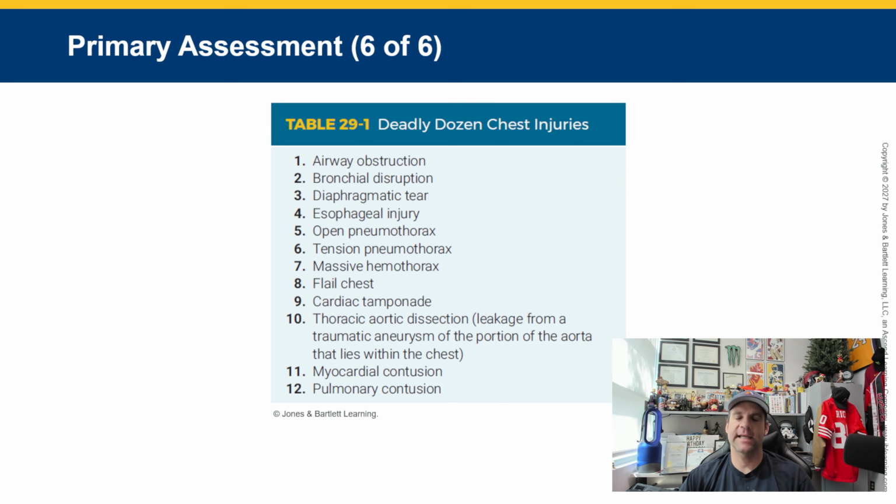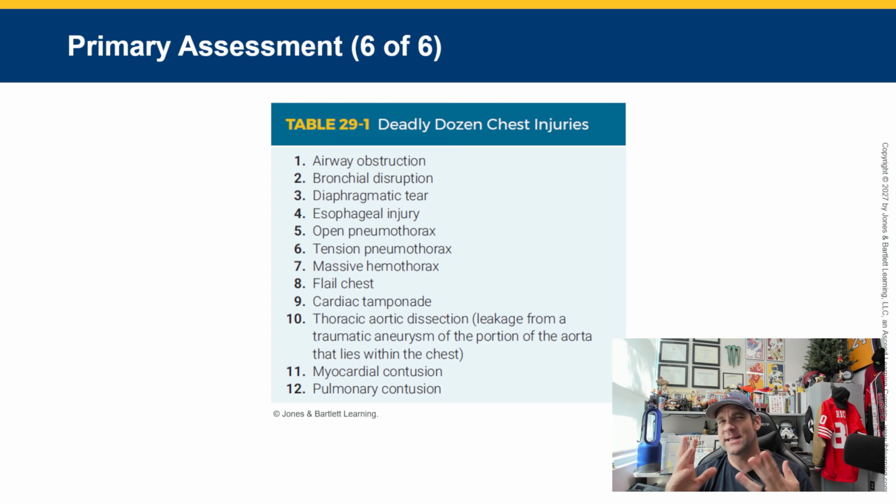For example, airway obstruction, bronchial disruption, open pneumothorax, tension pneumothorax, a hemothorax, and flail chest. These conditions specifically prevent air from reaching the lungs, stop a lung from expanding, or reduce the amount of functioning lung tissue.